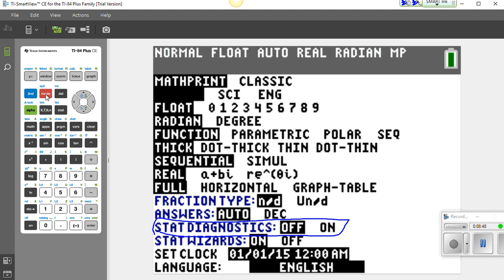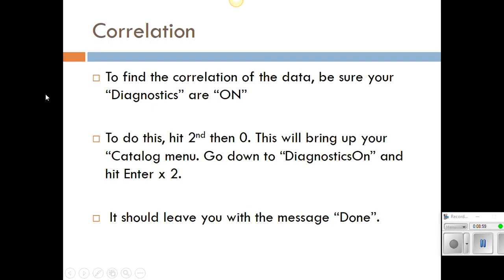You need to make sure that turns on. And then that will make sure that you get all of those values. Does that make sense? So a couple ways you can do it. I'll let you take a second just to write those down. And then we are going to get started with an example.